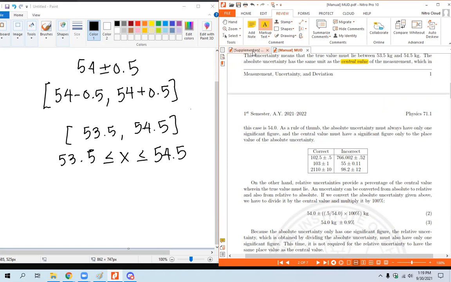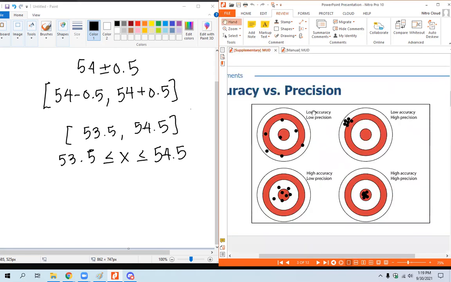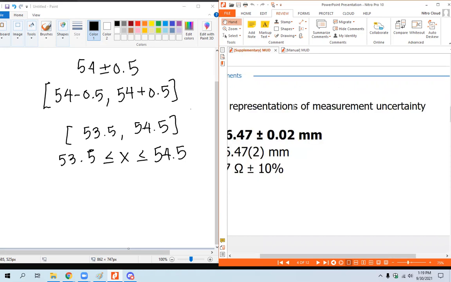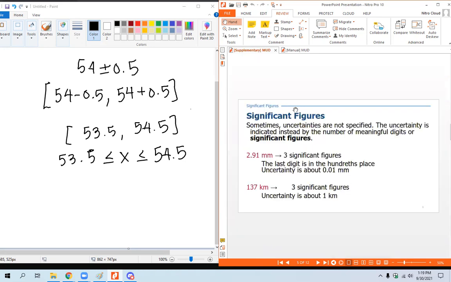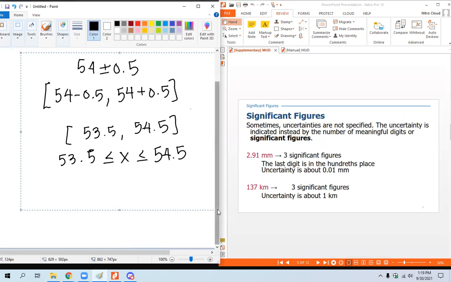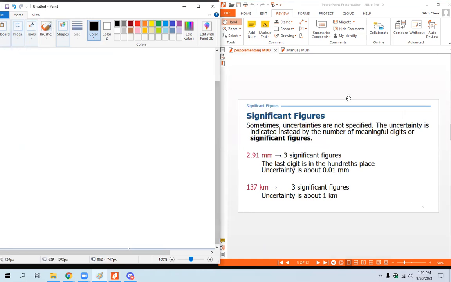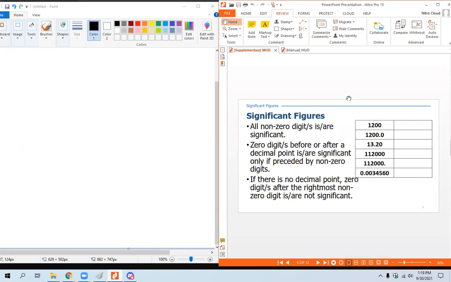So I think you already have access to the supplementary slides. If you need a refresher course on how to represent significant figures, you can use these supplementary slides. Kasi meron ditong examples of how to represent significant figures. For example, this number, 1,200, will only have two significant figures if there is no decimal point.